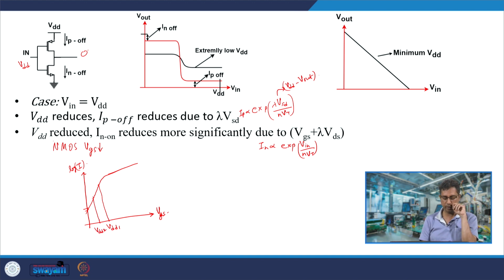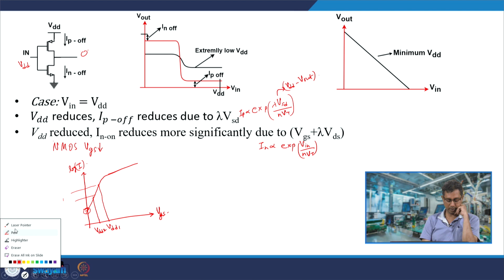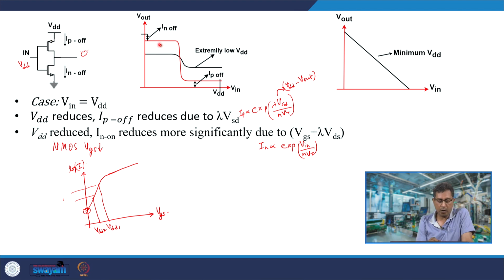So, you have reduced VDD. Your on current reduces exponentially, whereas the leakage current remains the same for the same technology. So, the on current is reducing and the leakage current is almost remaining the same. Relatively, from VDD1 to VDD2, Ion by Ioff reduces.